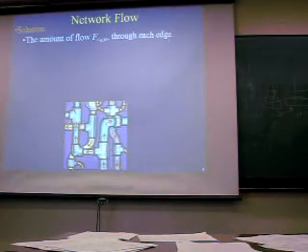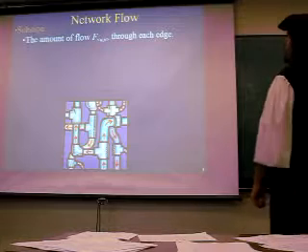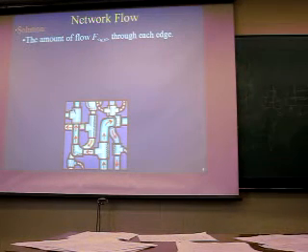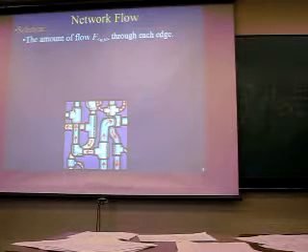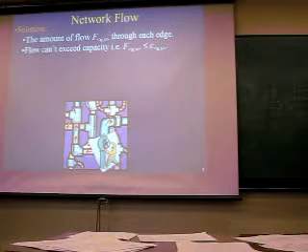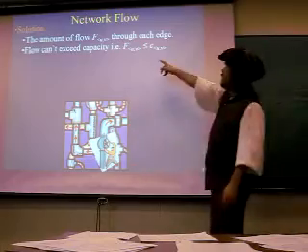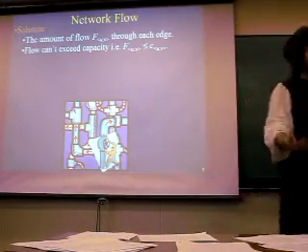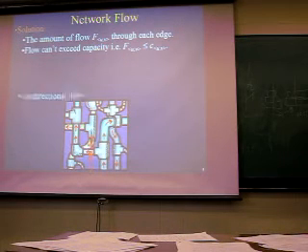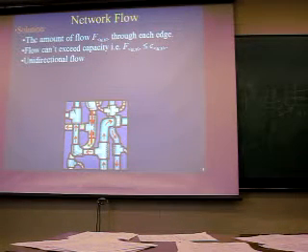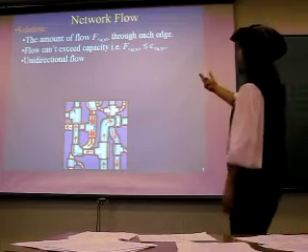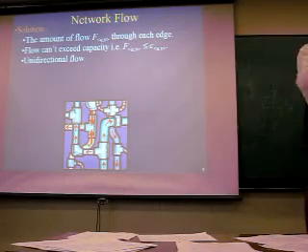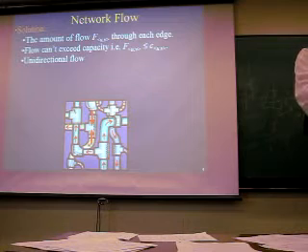A solution, as I said, tells you for every edge what is the rate of flow along that edge, right? And there's some rules. The first rule that is obvious is that the flow along an edge can't exceed its capacity. And we're also going to say that for every edge, sometimes you can have an edge in both directions, right?